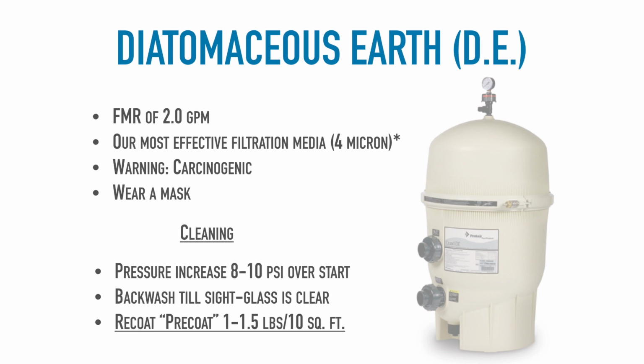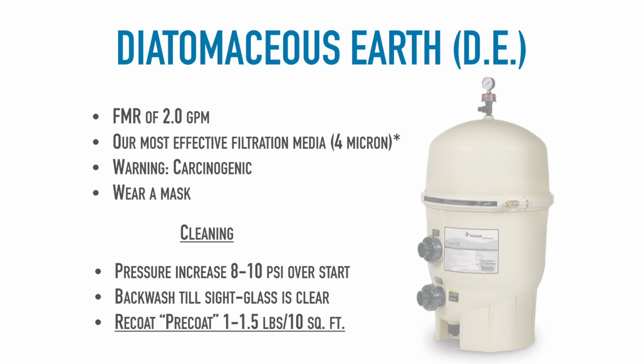Now, once my pressure increases 8 to 10 psi over start, then I need to clean this just like a sand filter. I need to backwash. That means I'm reversing the flow, and I'm backwashing until the sight glass goes clear. Now, again, when we reverse the flow, that's going to kick off our entire layer of caking of diatomaceous earth that we put on there in the first place.